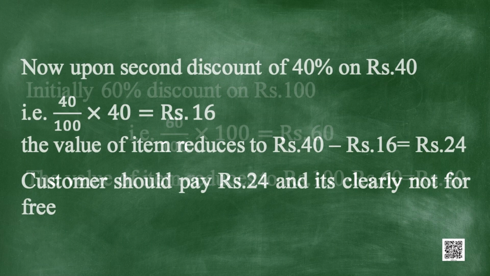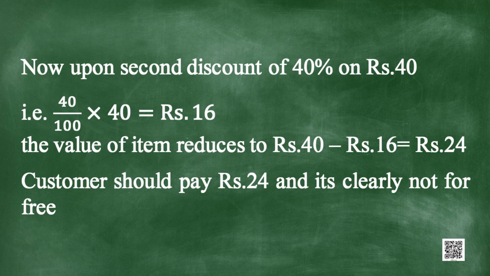Now, by applying 40% discount on rupees 40, which is 40 by 100 multiplied with 40, is equal to rupees 16. So, the value of the item reduces to rupees 40 minus rupees 16, which is equal to rupees 24. So, the customer here should pay rupees 24, and it is clearly not for free.